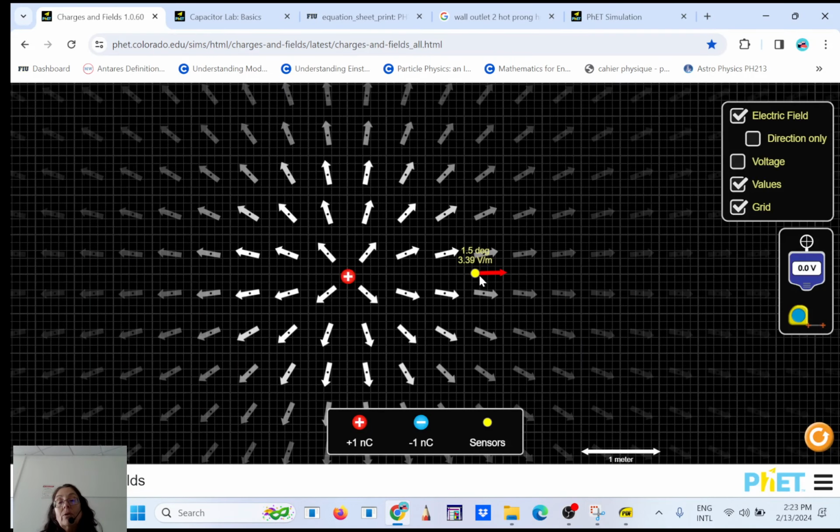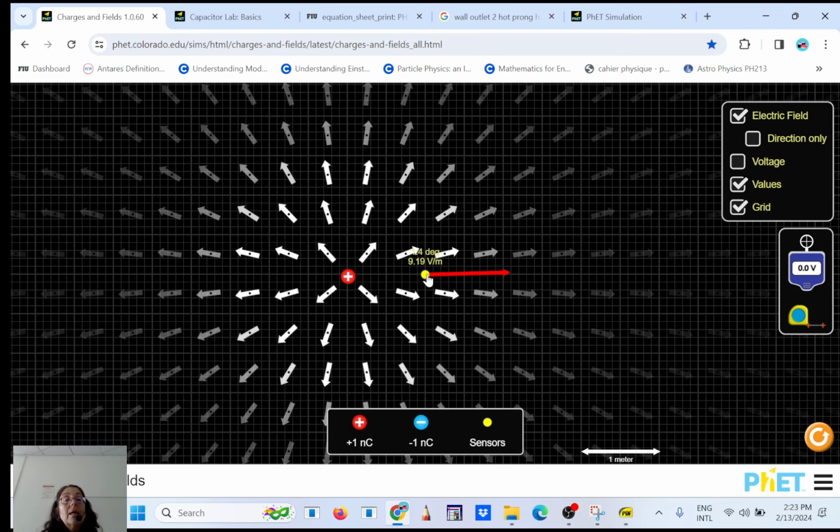So here I have 1 coulomb of charge and you can see that it decreases. Let's find out by how much it's decreasing. So here I have, do you see that it's 9? If it was a mass, you multiply the distance by 2, the force, because it's an inverse square law, will be divided by 4.